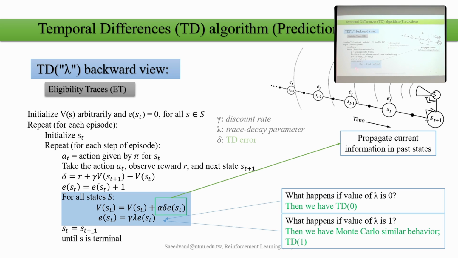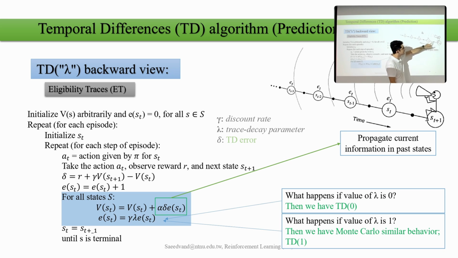This is called propagation of the current information into the past. You can see this state S_t is incremented by 1 and propagated. The idea is, if I am calculating a value for this state, why not update these other ones too?